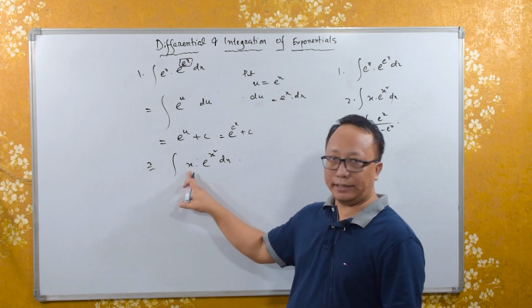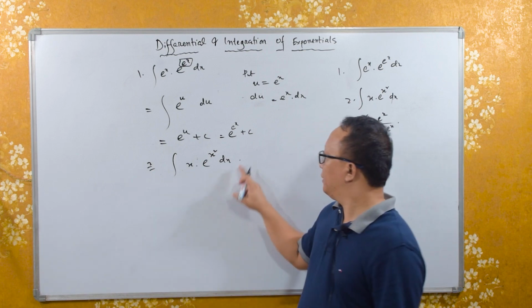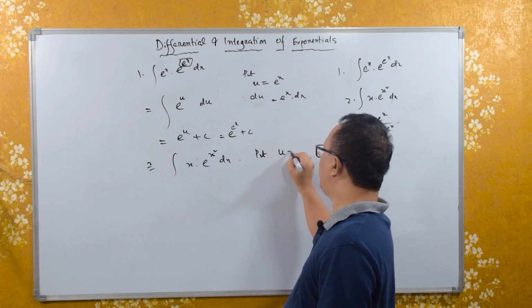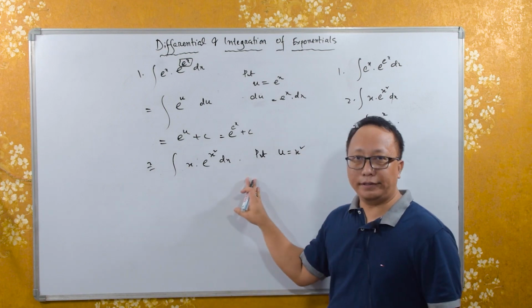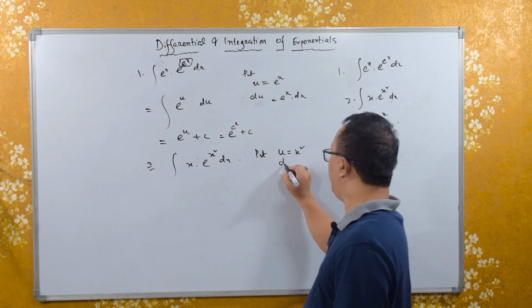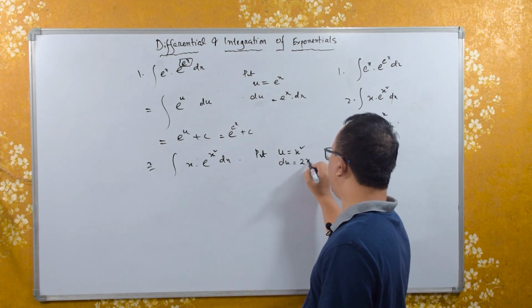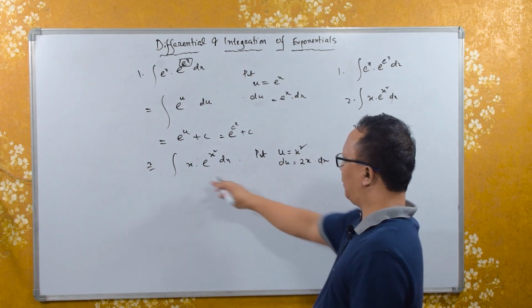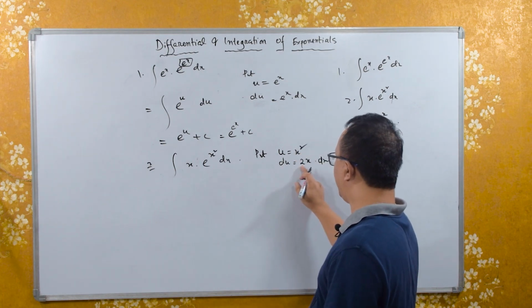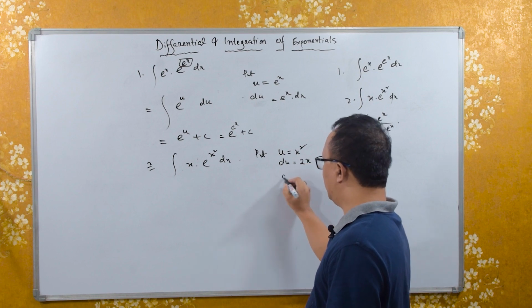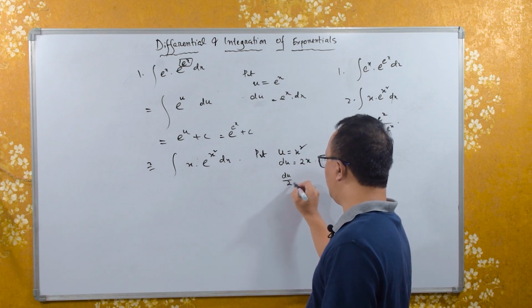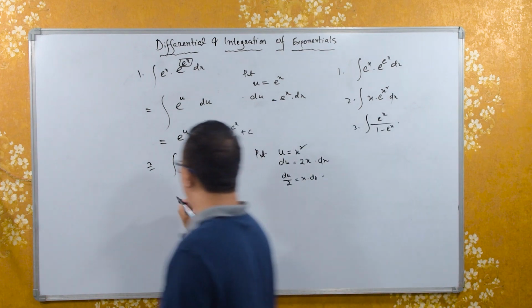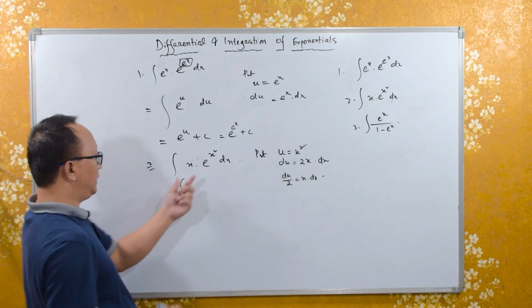So here I am getting x dx somewhere. So if I put u equals x square, then du will be twice x into dx. Now what I need is x into dx, so I can send this 2 down. du upon 2 equals x into dx.